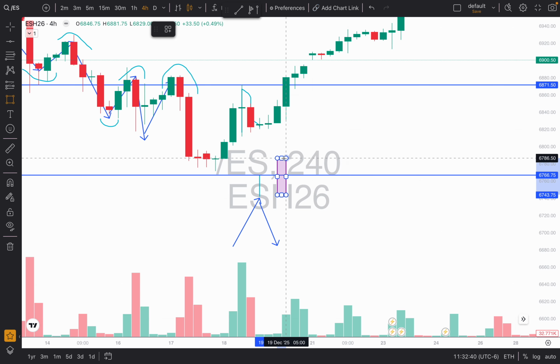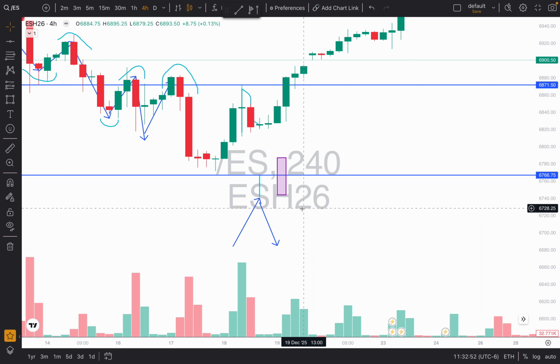But the candle is still movement. The candle has not closed. We only trade off candle closure. You only press enter once a candle has closed above your level, right? It has to close above this point we were waiting for it to close.